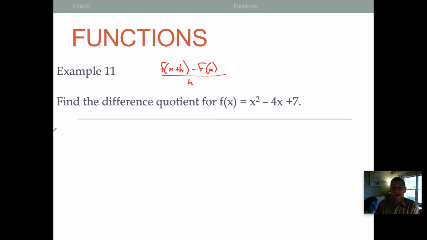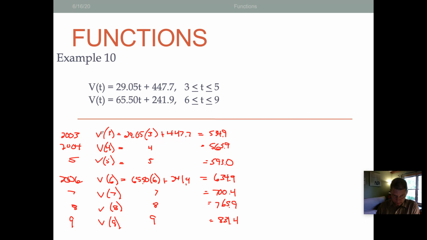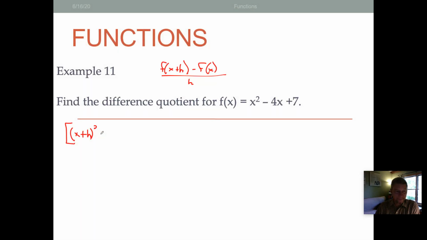So if f of x is equal to x squared minus 4x plus 7, then f of x plus h is going to equal, in big brackets, x plus h squared, minus 4 times x plus h, plus 7.